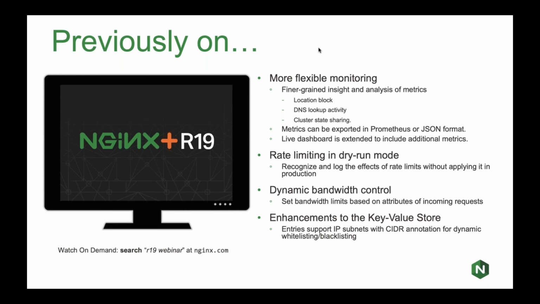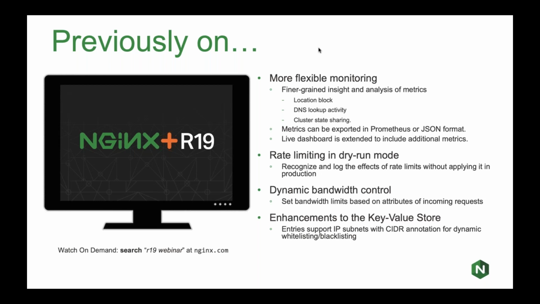On the traffic management side, we introduced a dry run mode for rate limiting. And this is an area which is quite difficult to configure. If you want to make sure that individual clients aren't taking more than their fair share or protect against bots that might be running very quickly, then rate limiting is a great feature to have, but it can be kind of tricky to configure exactly what the right limit is.